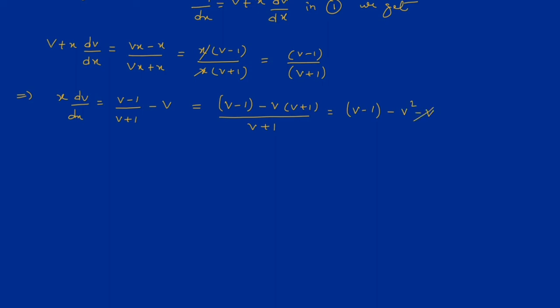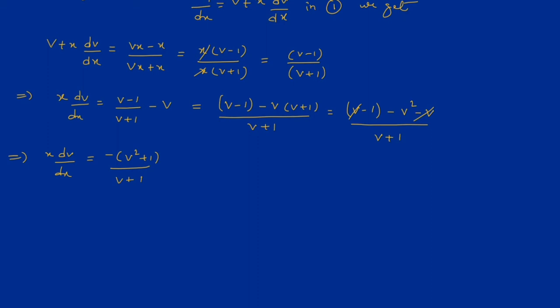Here minus v plus v gets cancelled. The remaining term is x dv by dx equals minus common, which I can write as minus (v square plus 1) upon (v plus 1).